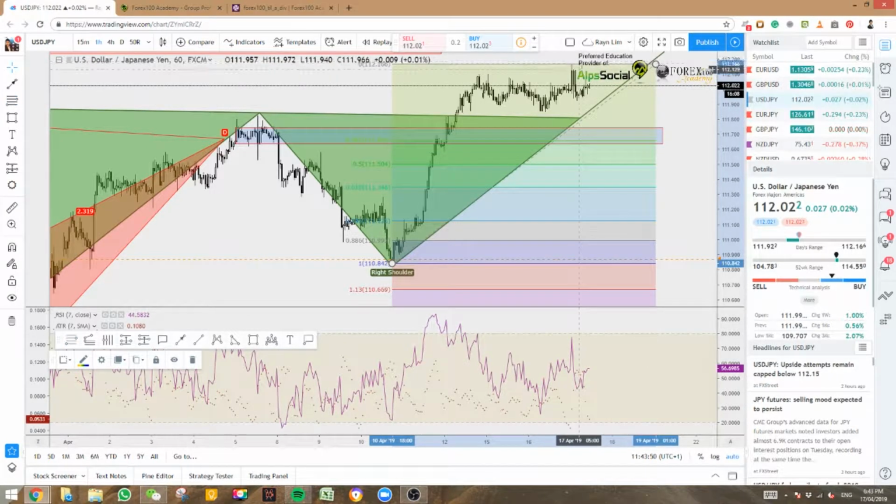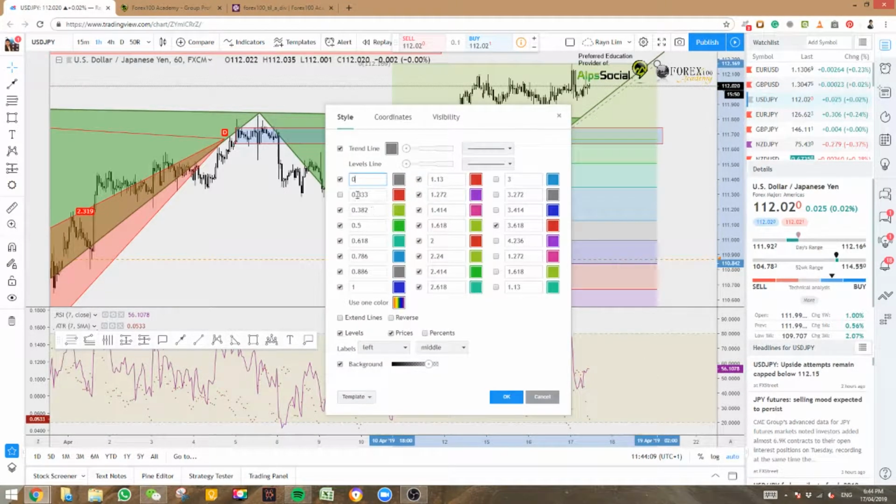Obviously I won't know if this is the highest price, but assuming this is the highest price, the retracement will come down to 111.38.66, which is the 38.2 pullback, a very important level for traders who trade harmonic patterns. If you are a trader, you should understand why it is important.